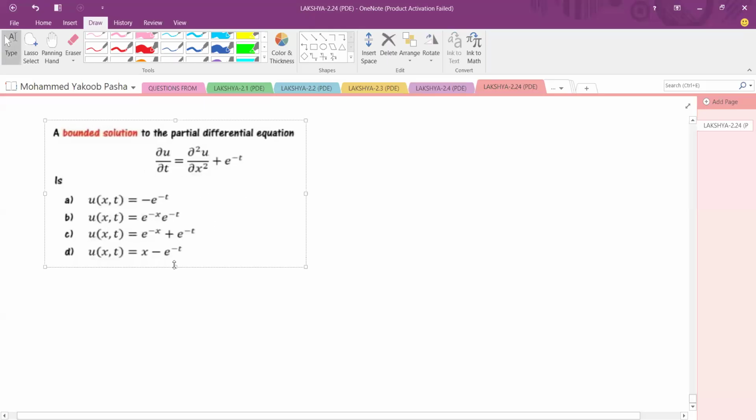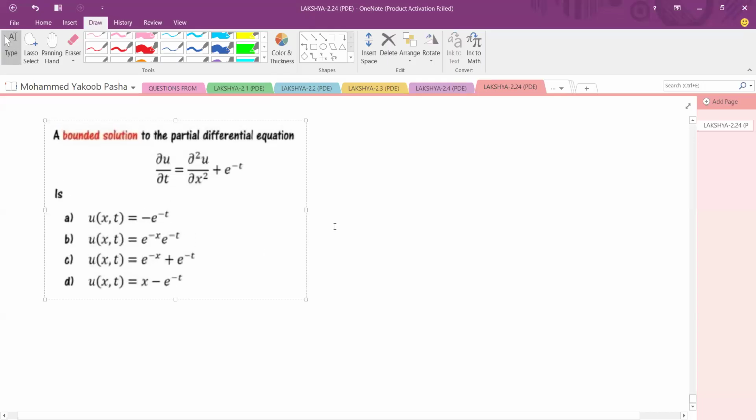A bounded solution to the partial differential equation dou u by dou t is equal to dou square u by dou x square plus e power minus t. Okay, I am taking this as equation number 1. We have options here. U of x comma t is minus e power minus t.